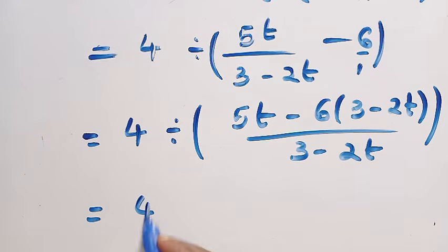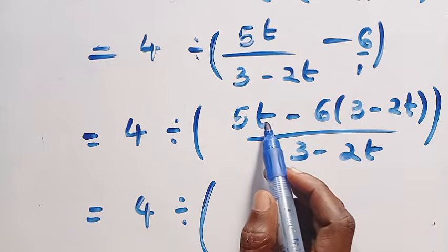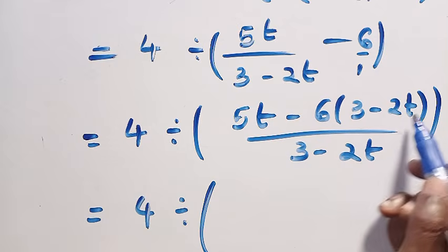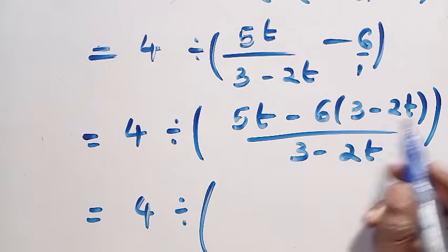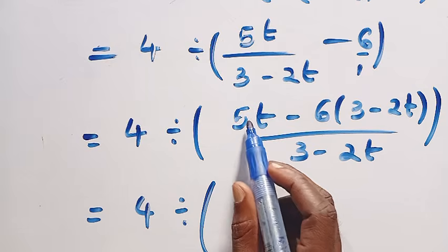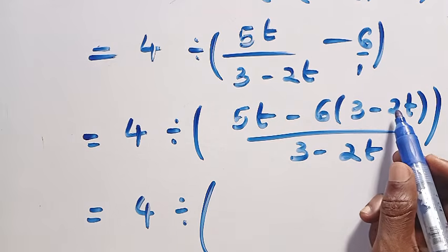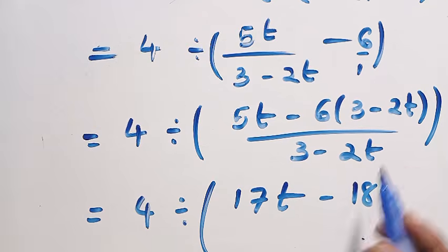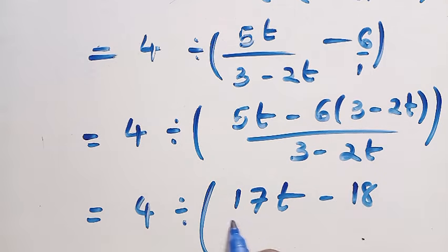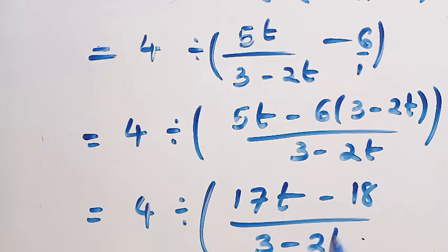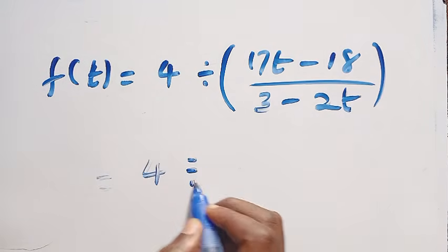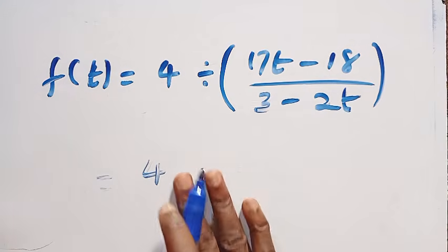When we open this parenthesis out, everything here becomes 5t plus 12t, that is 17t, then minus 18, because 6 times 3 gives us 18, divided by 3 minus 2t. So we have 4 divided by this, and we change the division to multiplication by the reciprocal.